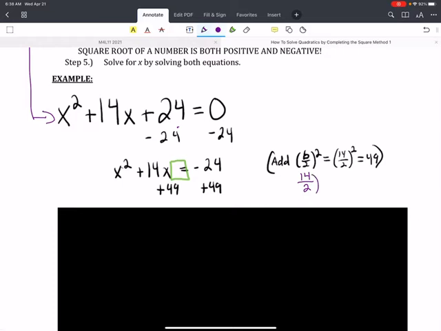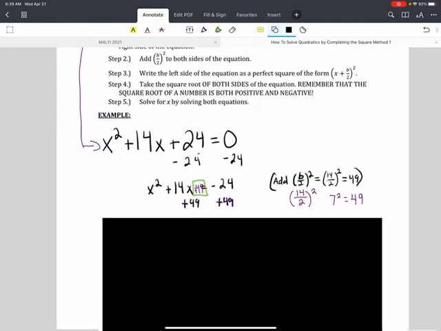Half the middle and then square it. 14 divided by 2 is 7, and 7 squared is 49. So I took half the middle and squared it, and then I added that to both sides. I created a plus 49 here, and if I create it on the left side, I have to create it on the right side too, so here I just put a plus 49. This is all what we did the other day.